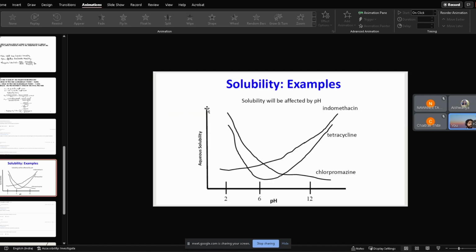To the person who asked the question, this graph is basically comparing the solubility of these three drugs at different pHs, right? If I were to take tetracycline, it's most likely going to be at a physiological pH inside your body, unless it goes into your stomach, where it has a very high solubility. Once it passes your stomach and goes into your intestine, it has very high solubility again. But once it enters your bloodstream, it's going to have very low solubility.